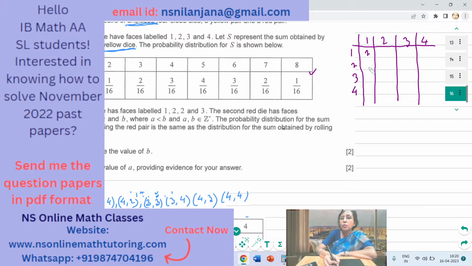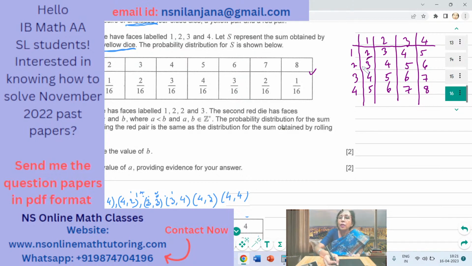So 1 plus 1 is 2, then 3, 4, 5, then 4, 5, 6, then 5, 6, 7, 5, 6, 8. You see, there are 16 possibilities.